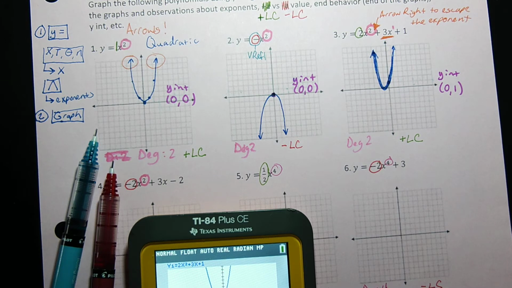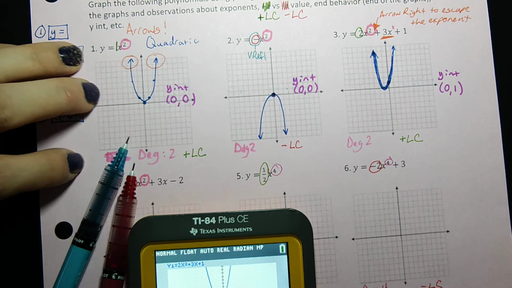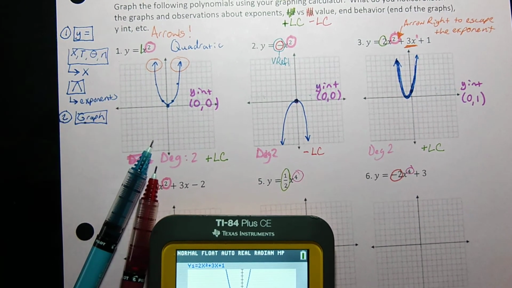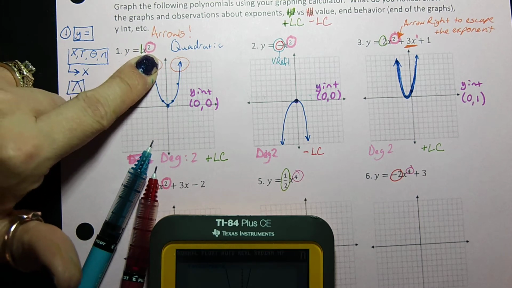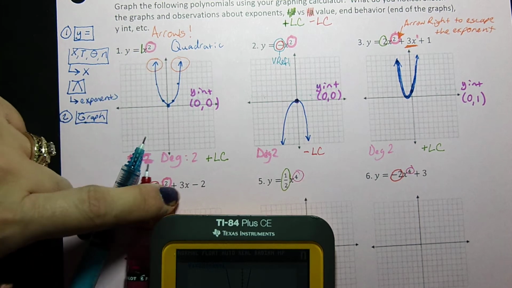What else is similar or different about these graphs? They're all quadratic, so that they have in common, and that has to do with that quadratic identifier, or that power of 2.